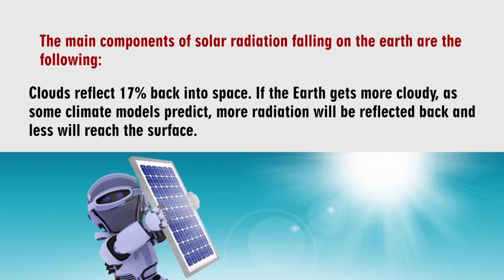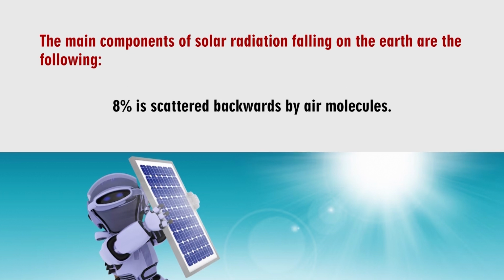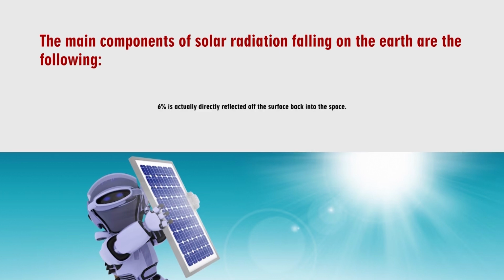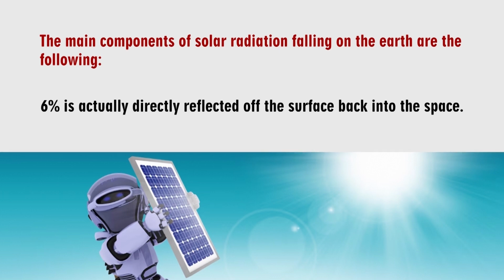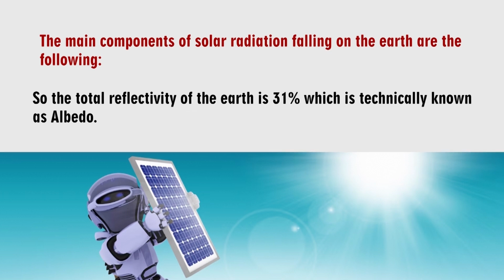If the earth gets more cloudy, as some climate models predict, more radiation will be reflected back and less will reach the surface. 8% is scattered backwards by the air molecules, and 6% is directly reflected off the surface back into space. So the total reflectivity of the earth is 31%, which is technically known as albedo. During the ice ages, the albedo of the earth increases as more of its surface is reflective.